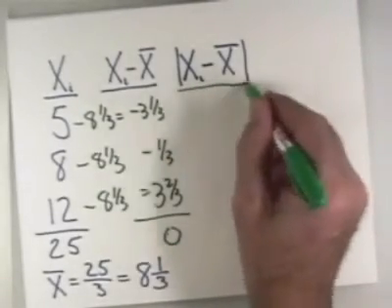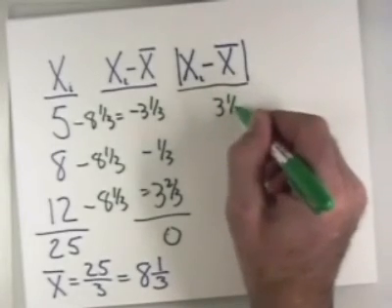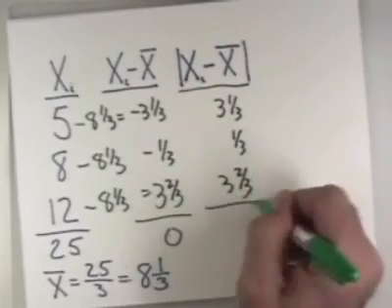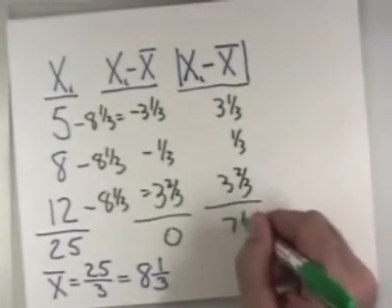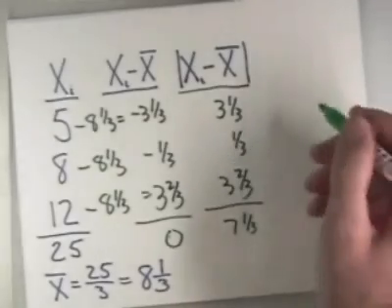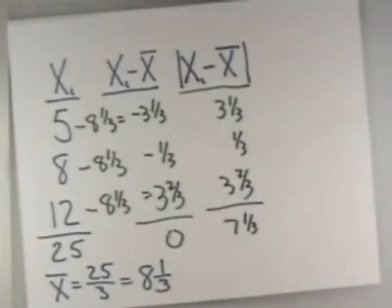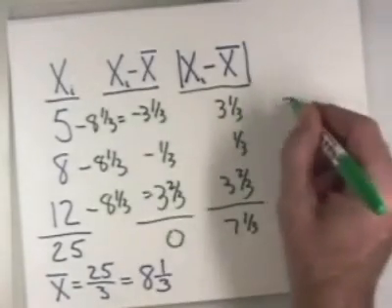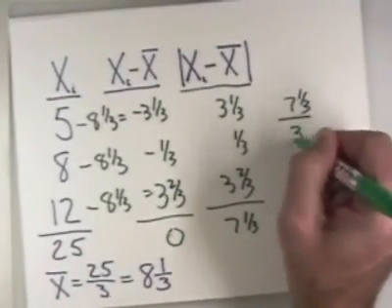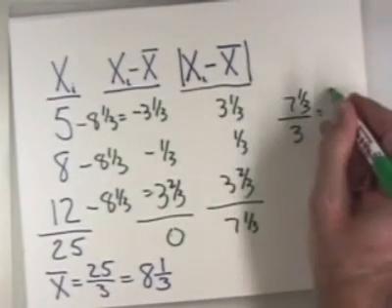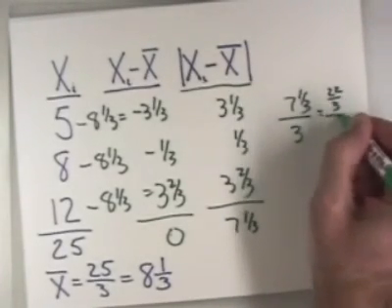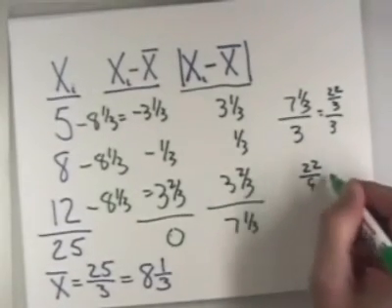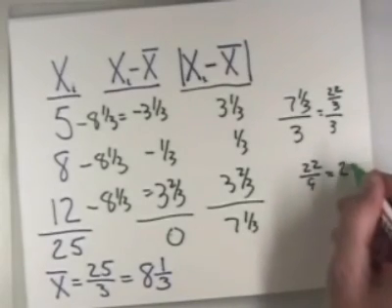We take the absolute value, so we have 3 1/3, 1/3, 3 2/3, and we add this, we have 7 1/3. And we could come back and calculate the average deviation, and we would have 7 1/3 divided by 3. So we would have 22 over 3 divided by 3, which gives me 22 over 9, which is 2 4/9.